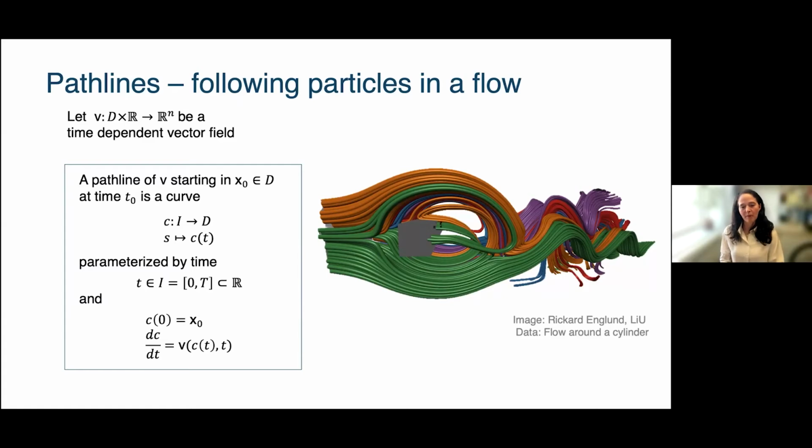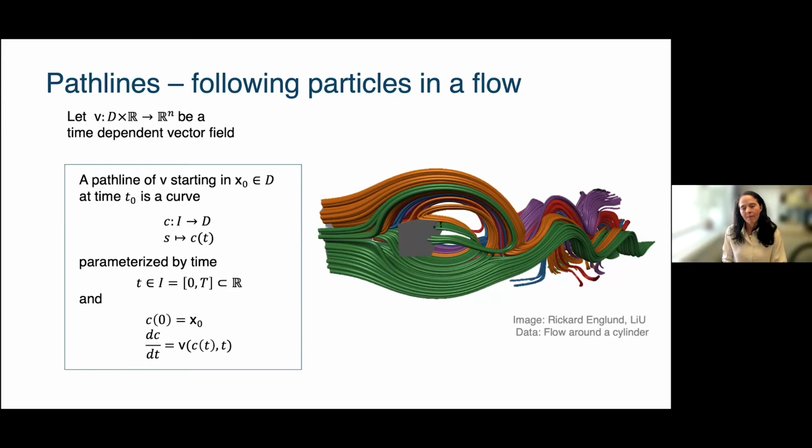Maybe you don't remember what you saw before, but it's almost exactly the same as the streamline definition. The only difference is that now my parameter is not an arbitrary parameter as we had before, but a time parameter. And if you look in the bottom line, now we have an explicit time dependence of our vector field.